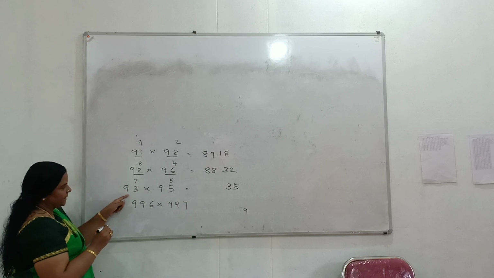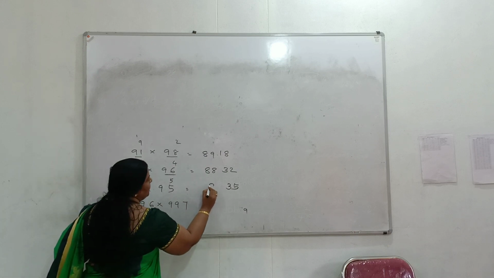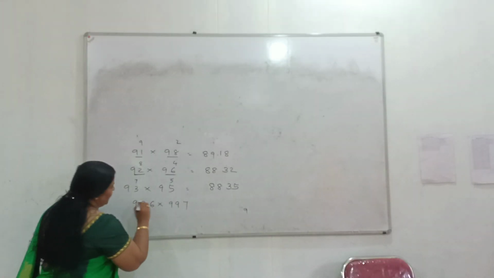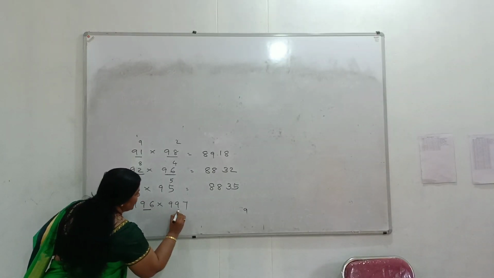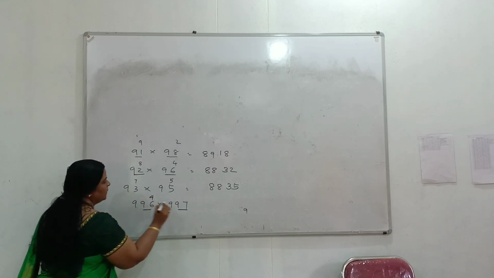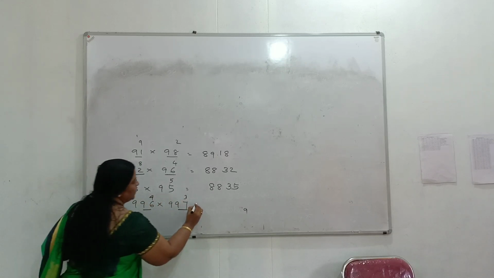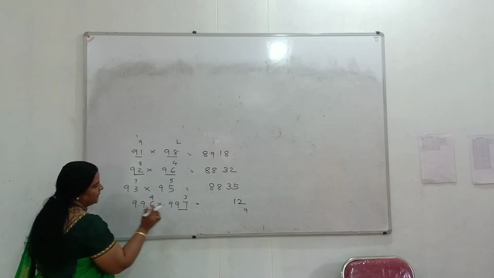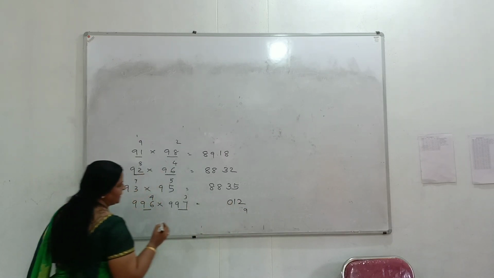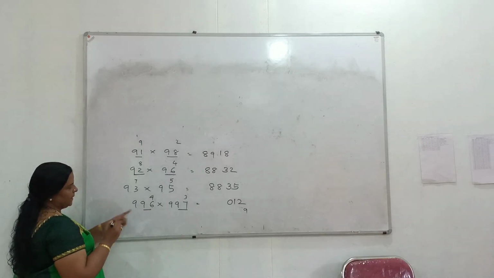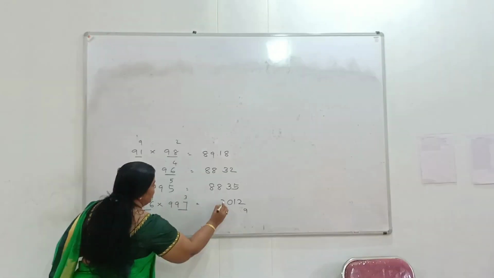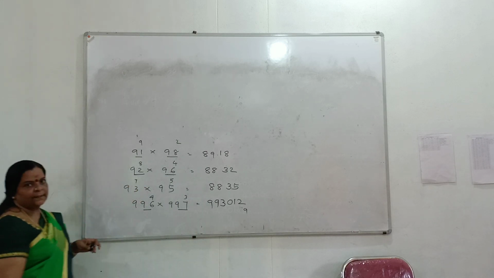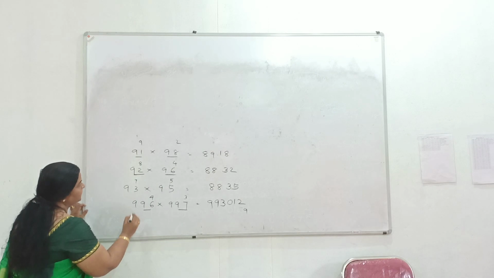Take the sum, 188, so put 88 only. Put 4 here, put 3 here, take the product of 4 and 3, 12. How many digits are here? 3 digits. So put 1 0 to this place and take the sum of these two numbers, 3, 9, 9. That's the answer.